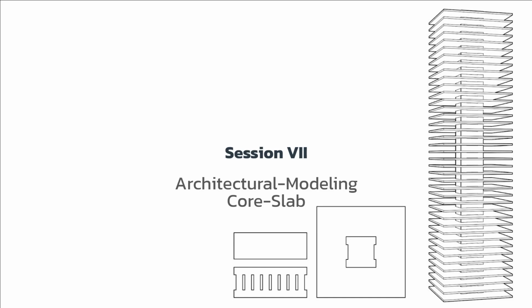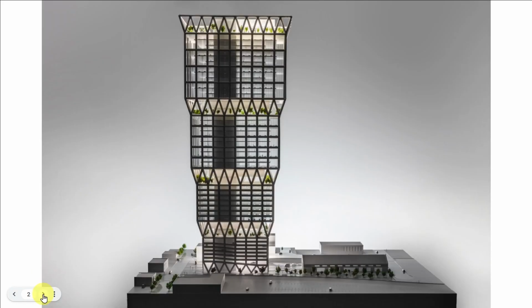We are going to be looking at the assembly method commonly used in architectural model making for producing towers, for constructing the slabs and the core. I'm just going to show you some samples of what I'm talking about.